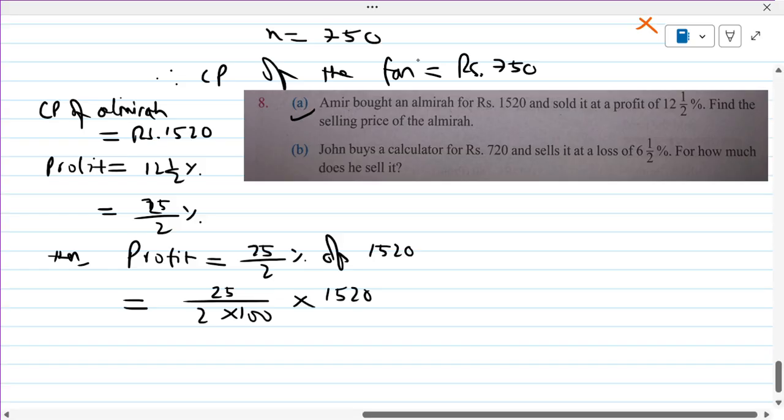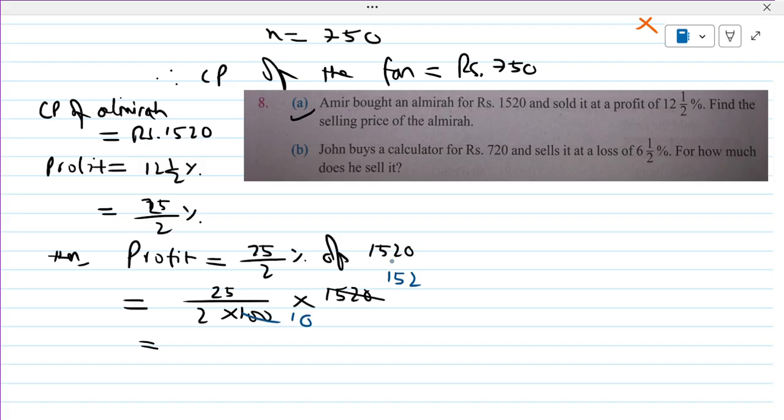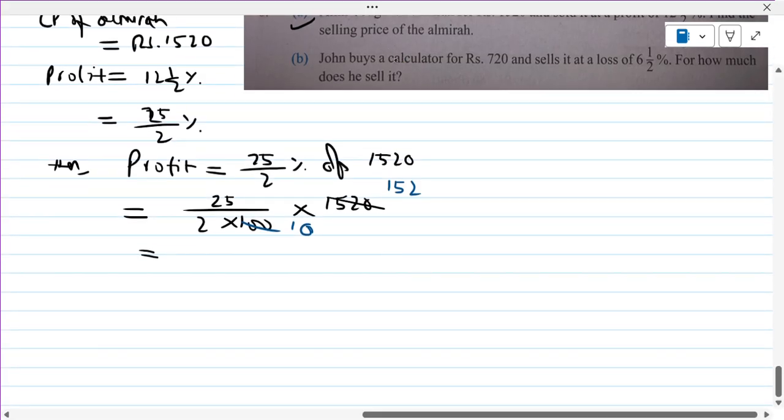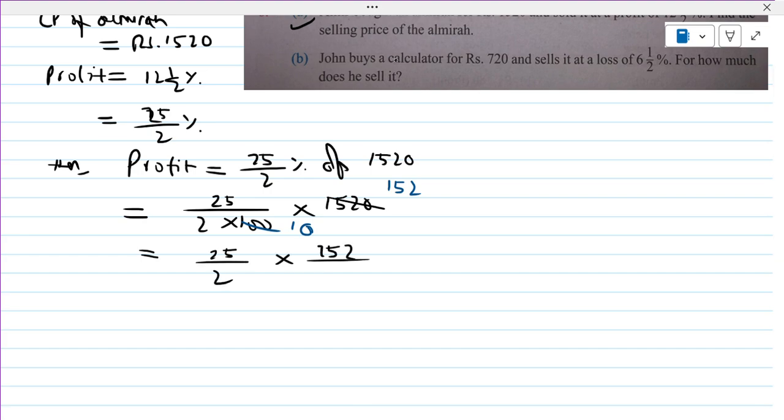And now let's make cancellation here. 100 and 1520 you can cut by 10 times, 10 times 152, and this is 10. Now after making this, there are so many ways to cancel. So I copy that down first: 25 divided by 2 into 152 by 10.